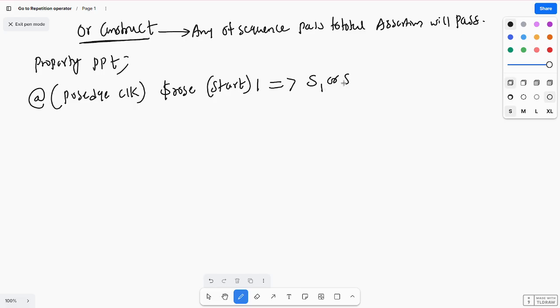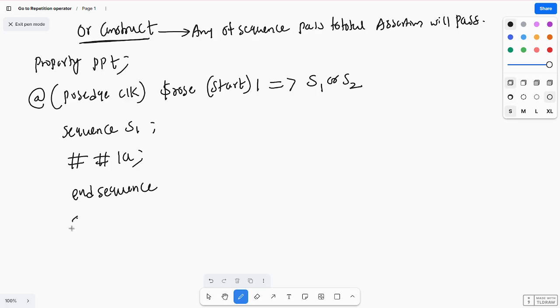Sequence S1: it should wait for one cycle, then A should be 1 for one cycle. End sequence.